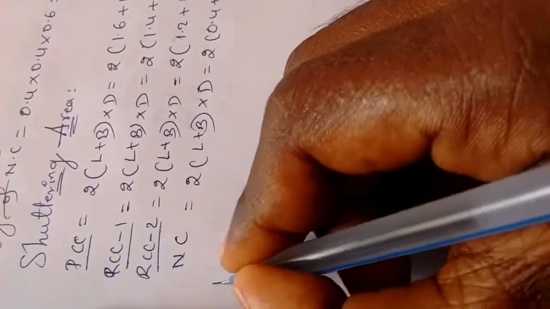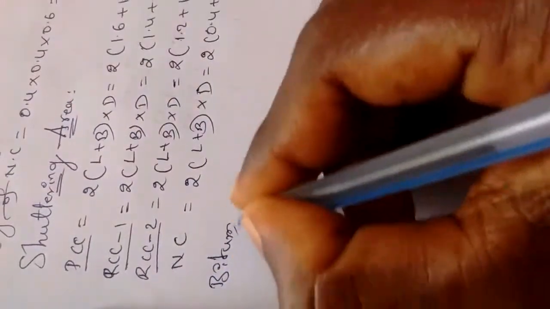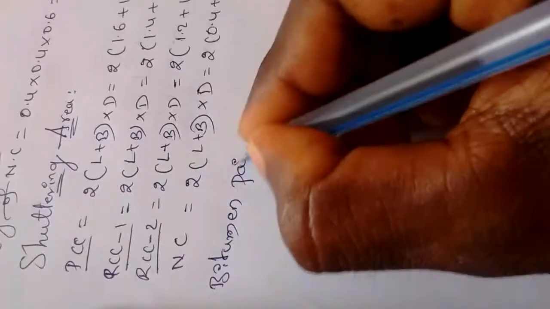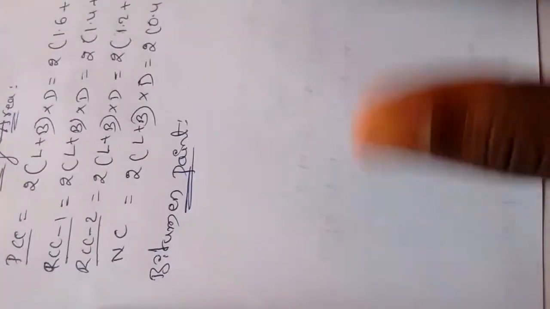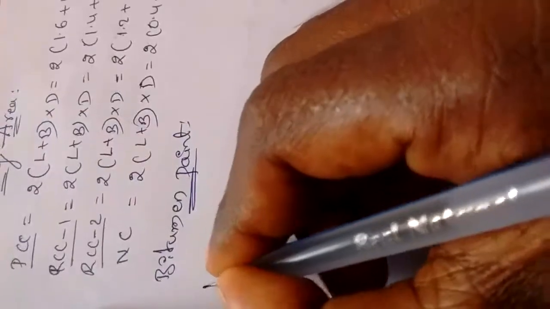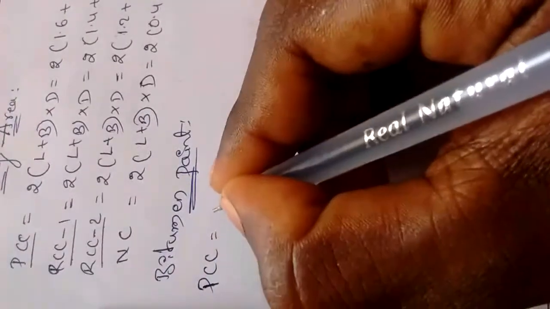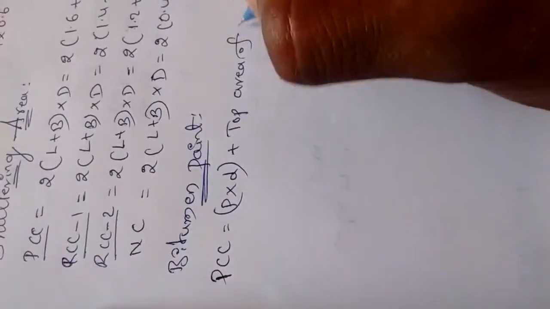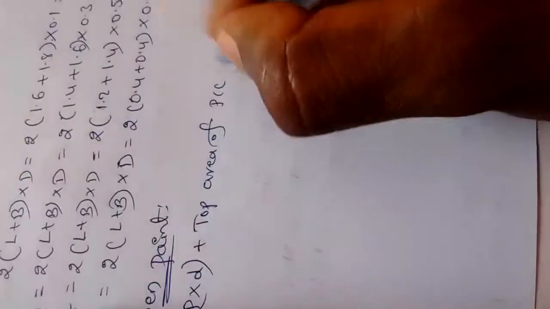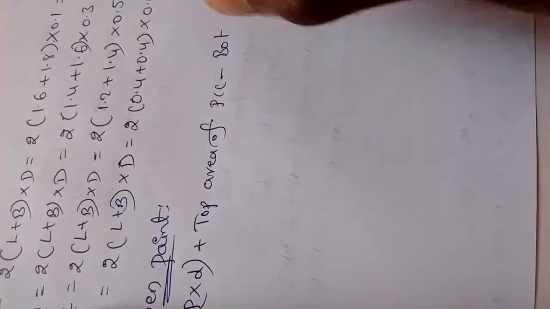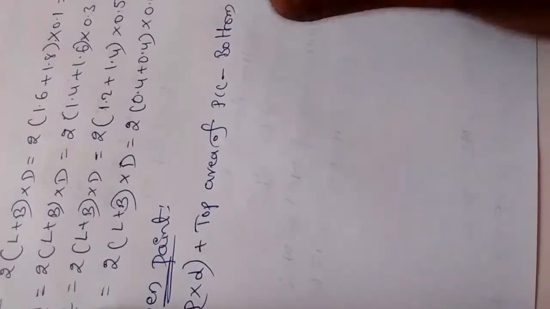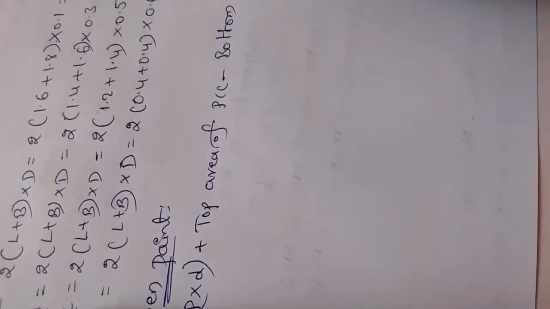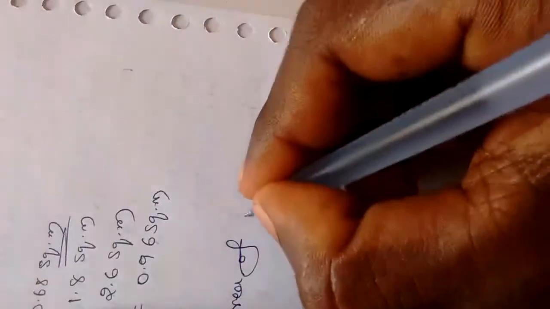Next one, bitumen paint. Bitumen paint for PCC equals perimeter into depth plus top area of PCC minus bottom area of RCC part 1, the first part.